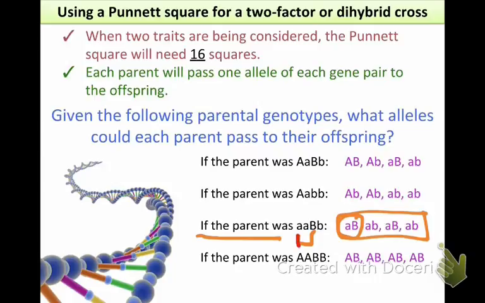This little a can also go with the little b, which gives you the second option. The second little a can go with the big B. So that gives us our third option. And our little a can also go with this little b for our fourth option. And that's how we get the different combinations of alleles to use in our Punnett squares.